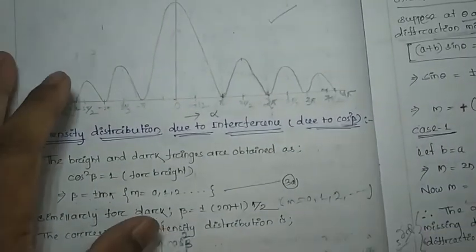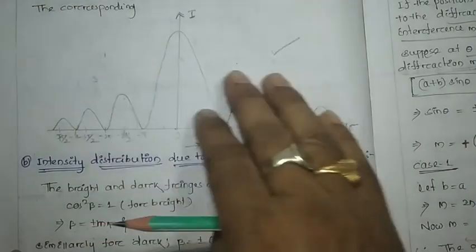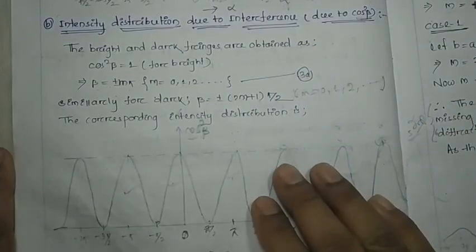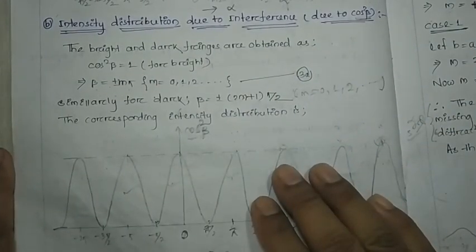So this is the pattern due to diffraction that we observed, and this is the pattern due to interference that we observed.